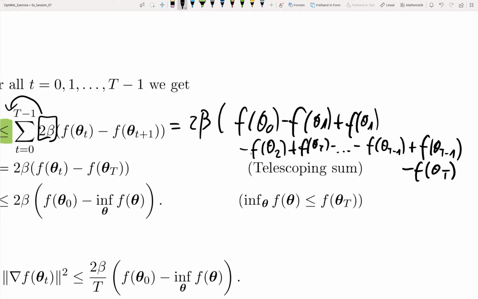And this is what you get here. So cancel, cancel, cancel. What is left is this and this. And okay, typo, 0. This is what you get here.